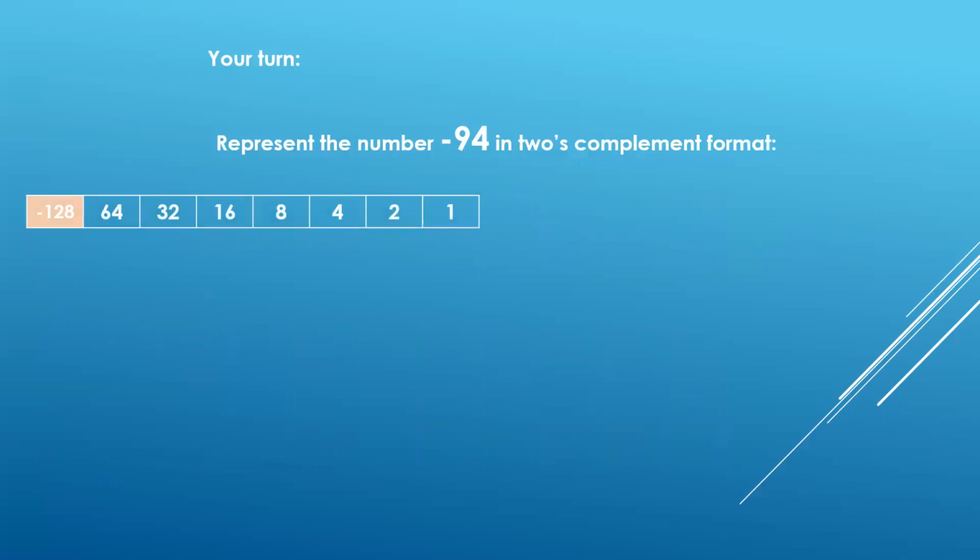Now it's your turn, and you are going to find out the value for minus 124. And you are going to use the two's complement method. Okay, your time starts now. Let's see how many of you are able to get the right answer.